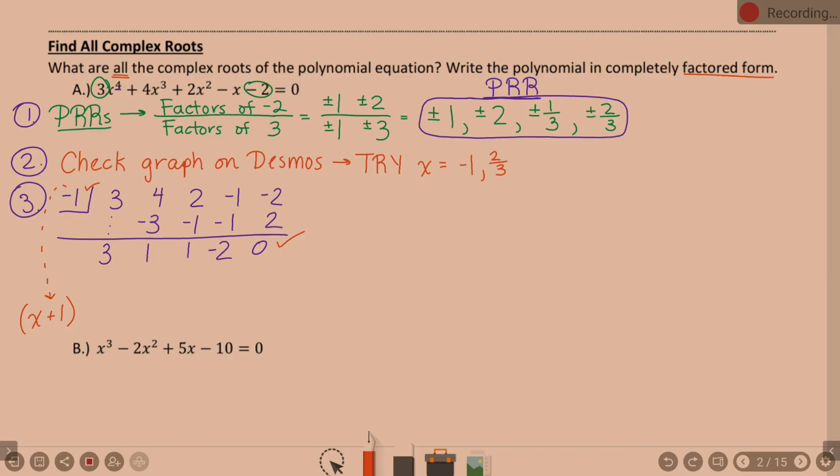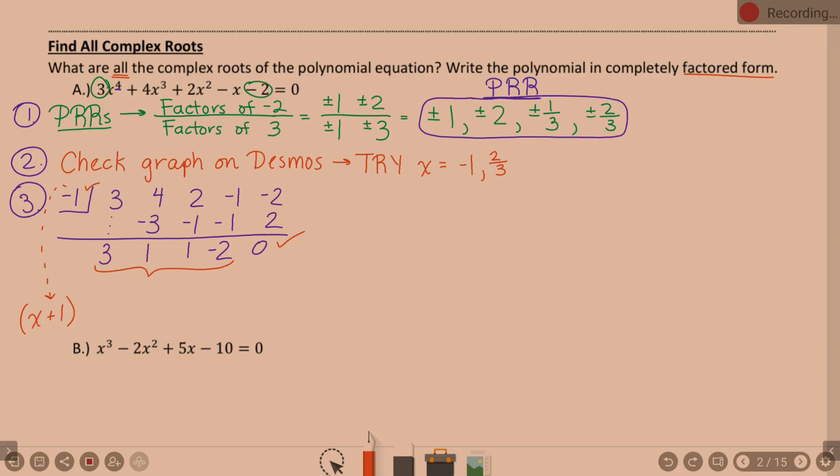That's one factor I know. Now, this right here, the 3, 1, 1, -2. Yeah, we could write that as a factor, but here's the deal. Do I have more zeros to try? Yeah. So we're going to now try the 2/3.